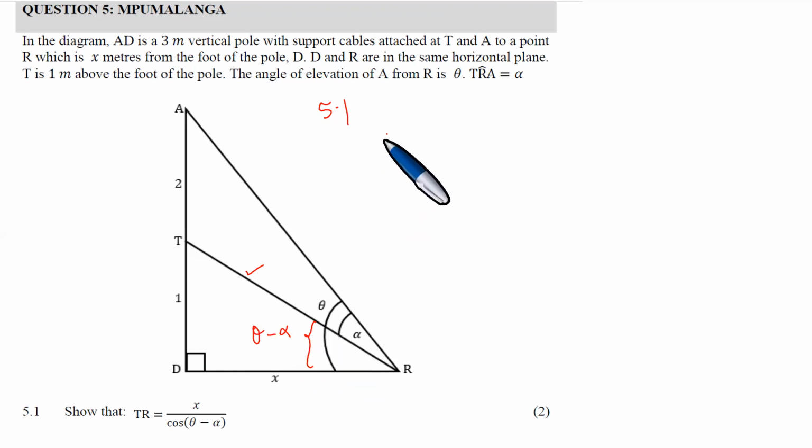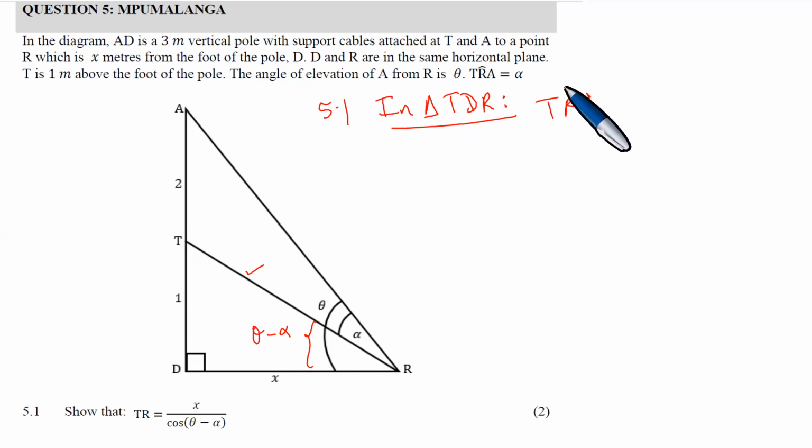What we then have is, in triangle TDR, we already have this angle. Angle TRD is theta minus alpha.